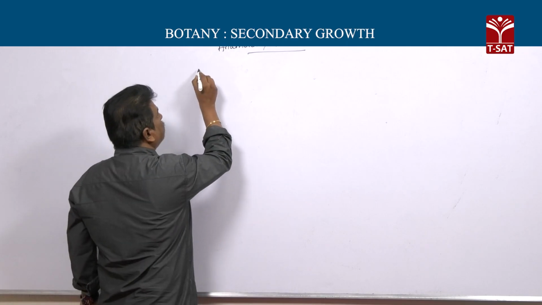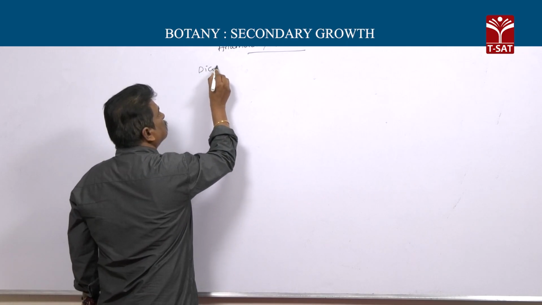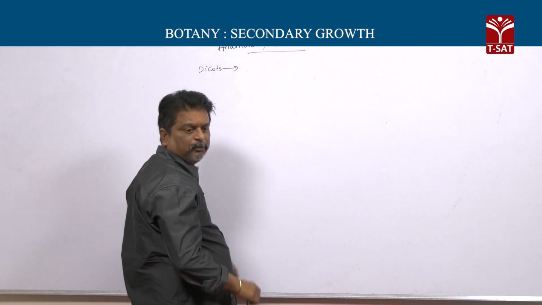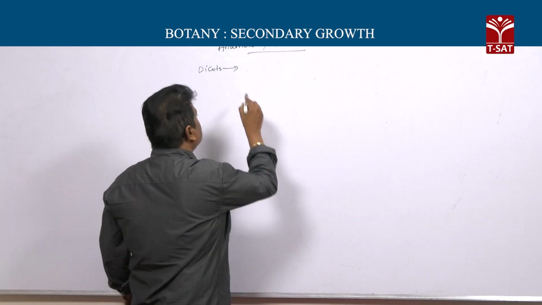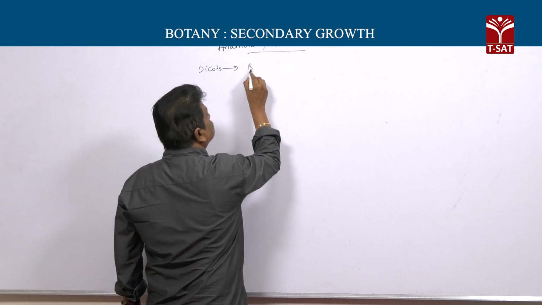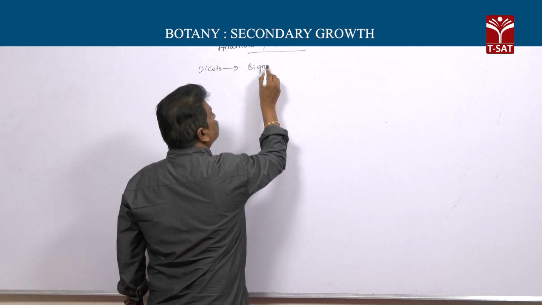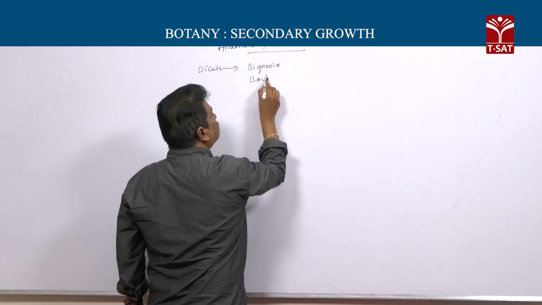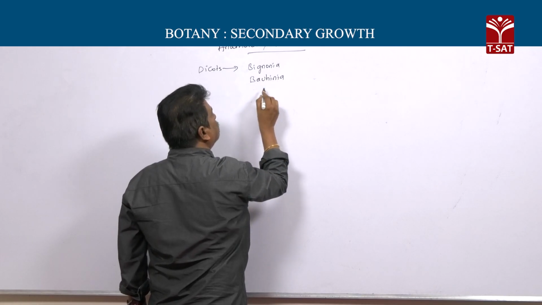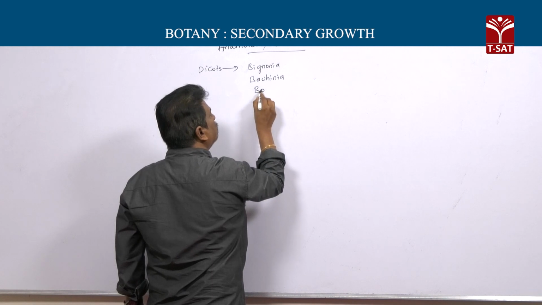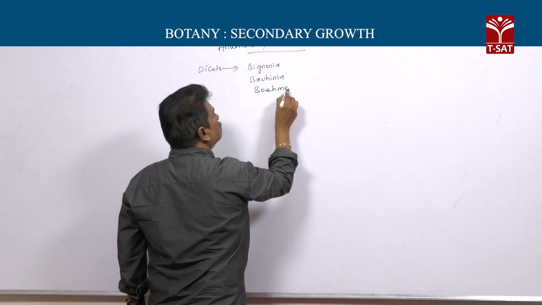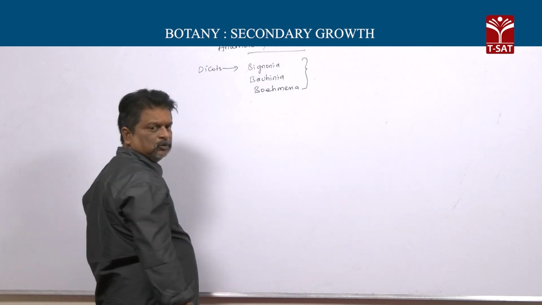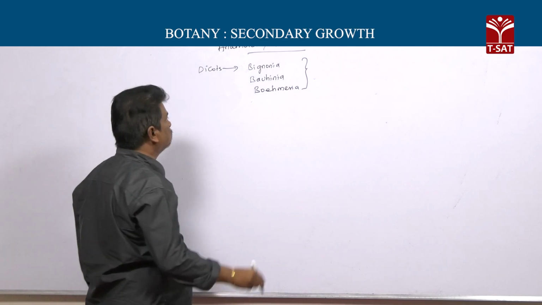Dicots showing abnormal or anomalous secondary growth: one is Bignonia, Bauhinia, and Boerhaavia. These are dicots showing anomalous secondary growth.